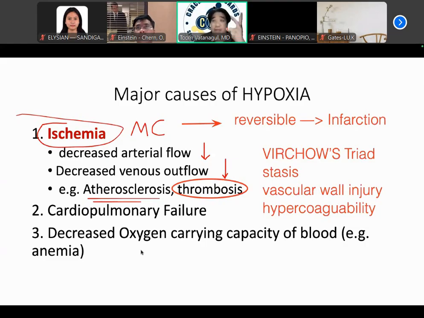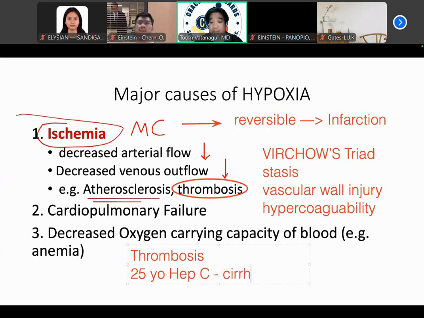Now, another clinical application to your boards, which is associated with thrombosis. You have a patient, let's say a 25-year-old patient, who was diagnosed with hepatitis C. Okay, she develops cirrhosis.